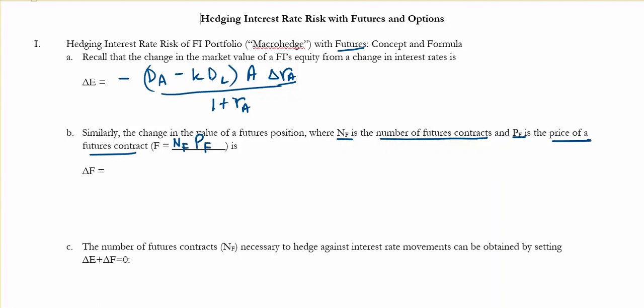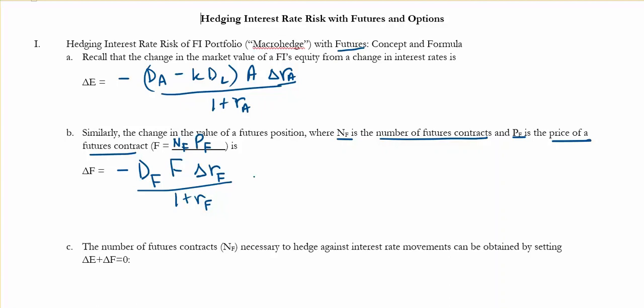So the change in the value of the futures contract using the duration approximation method will be negative duration of the futures contract times the original value of the futures contract times delta R over 1 plus R, the interest rate. And here I'm going to qualify the R's with subscript F to mean the change in the interest rate of the underlying bond of the futures contract.